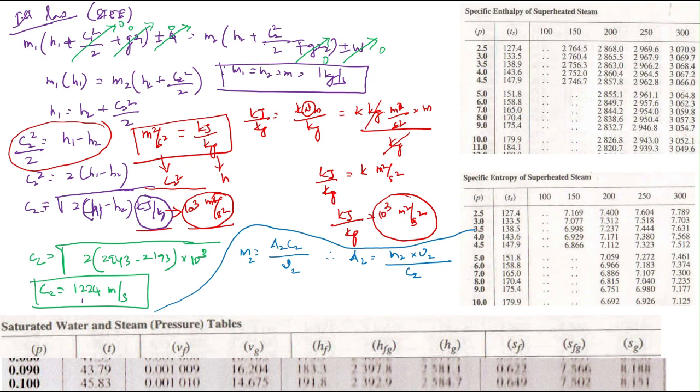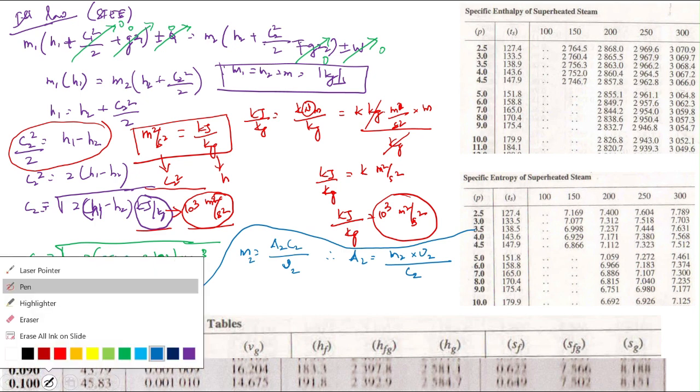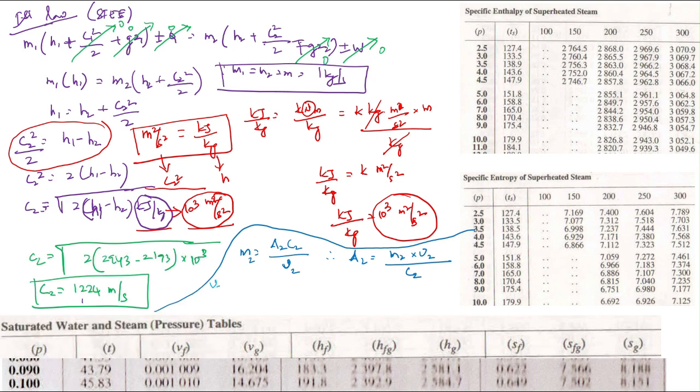For that you have to find the specific volume at 2. So V2 is equal to Vf2 plus x2 into Vfg2. Here Vf2 at 1 bar is 0.001010, and x2, which we already found, is 0.8367, into Vfg2, that is Vg minus Vf.